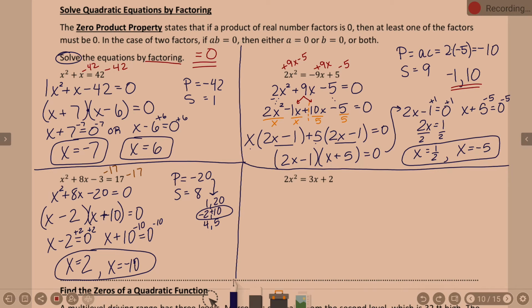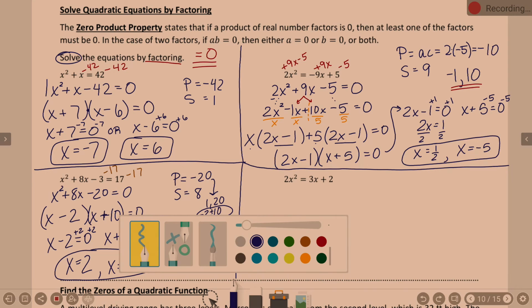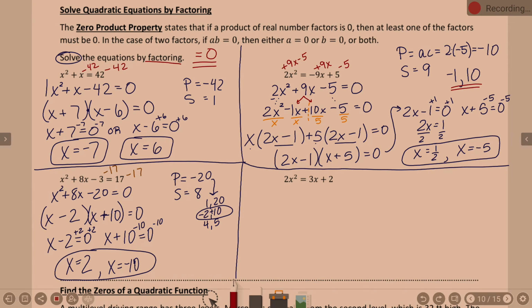If you want to, you could subtract the 2x squared, but then I'm going to suggest that you multiply everything by a negative. I prefer to keep my 2x squared positive as it is. To move the positive 3x, I subtract 3x. To move the plus 2, I subtract 2.